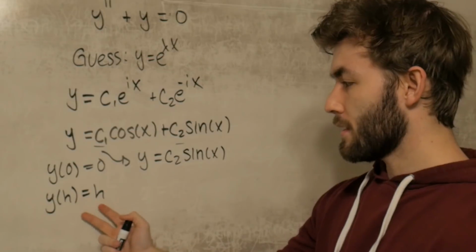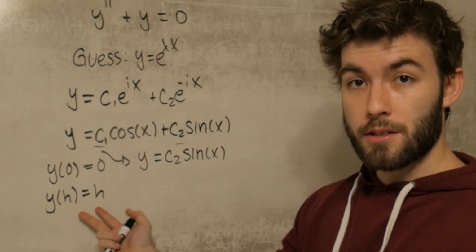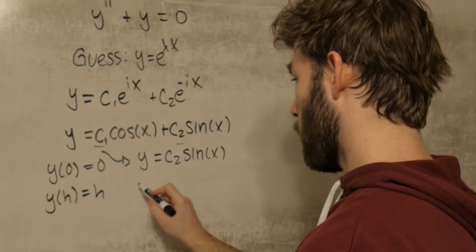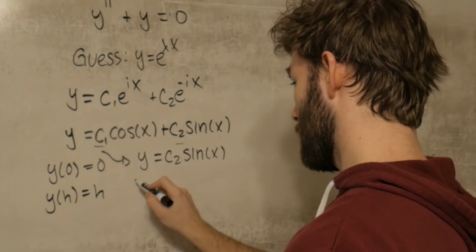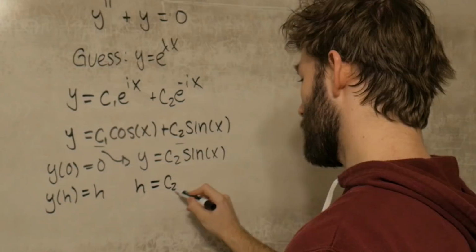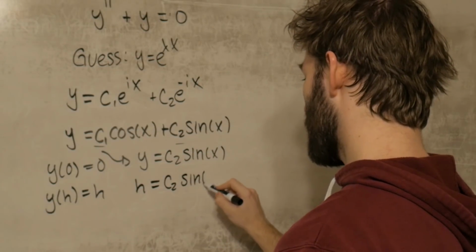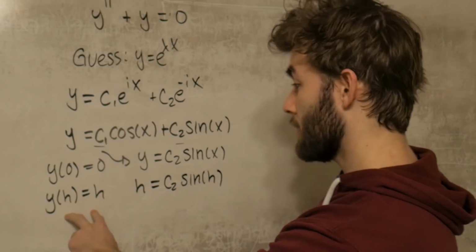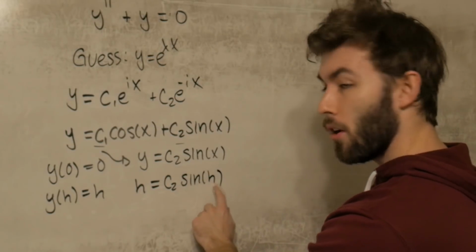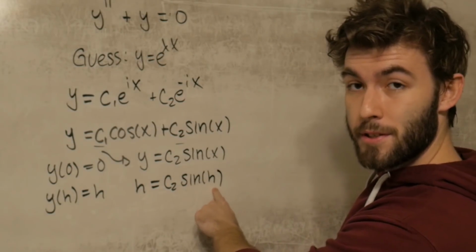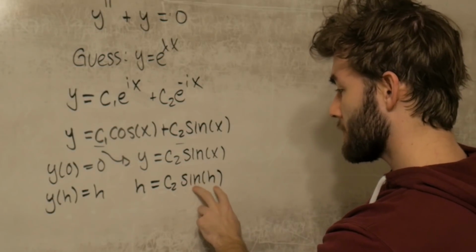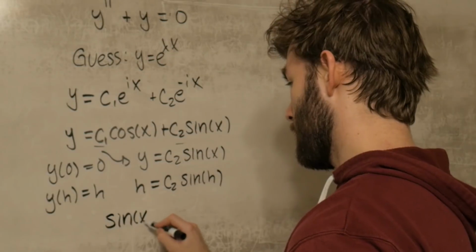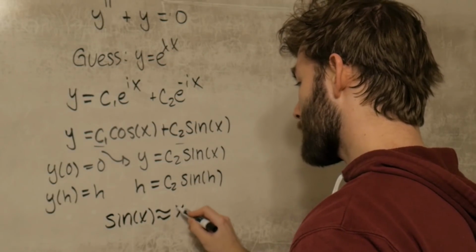Now, the reason I said that this is a good boundary condition is about to become apparent. So let's plug this in. y of h is equal to c2 sine of h. The reason this is a good boundary condition is because for small angles, and I said I'm taking h to be sufficiently small, sine of x is approximately x.